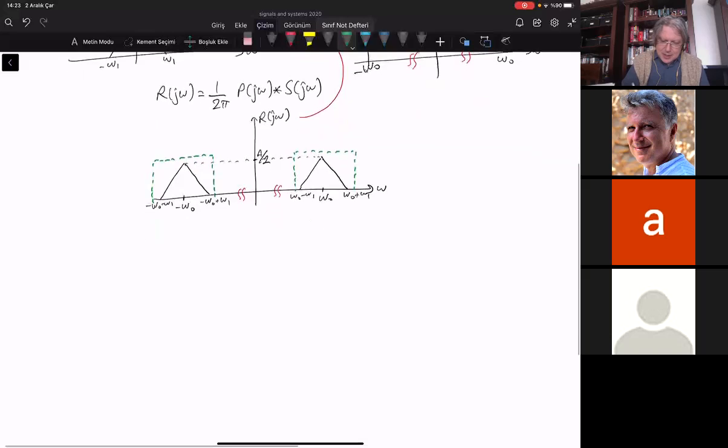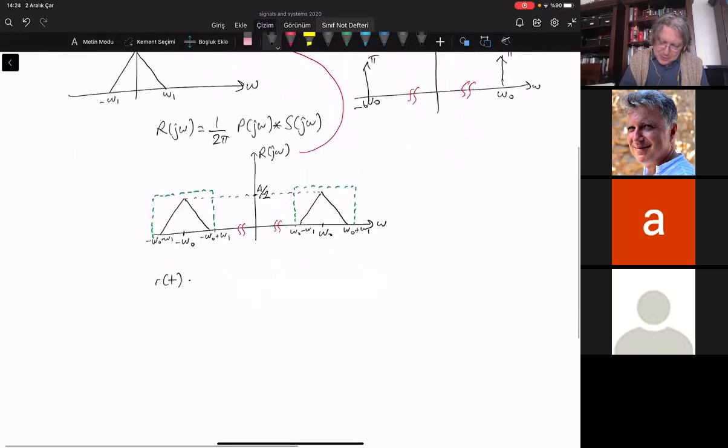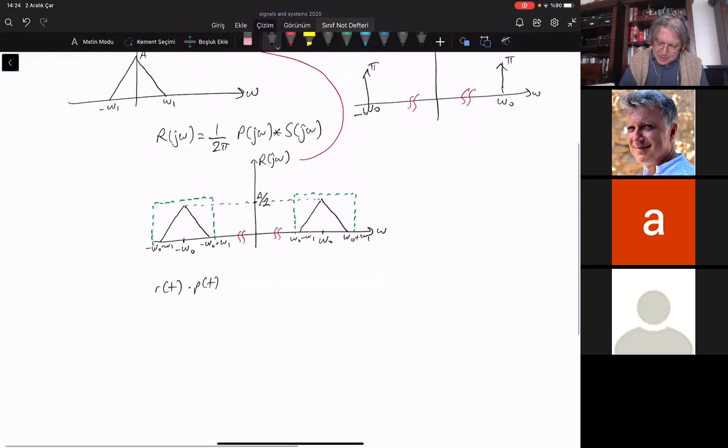And then you further multiply this R of t again with exactly the same P of t, where P of t is, again, cosine omega 0 t.